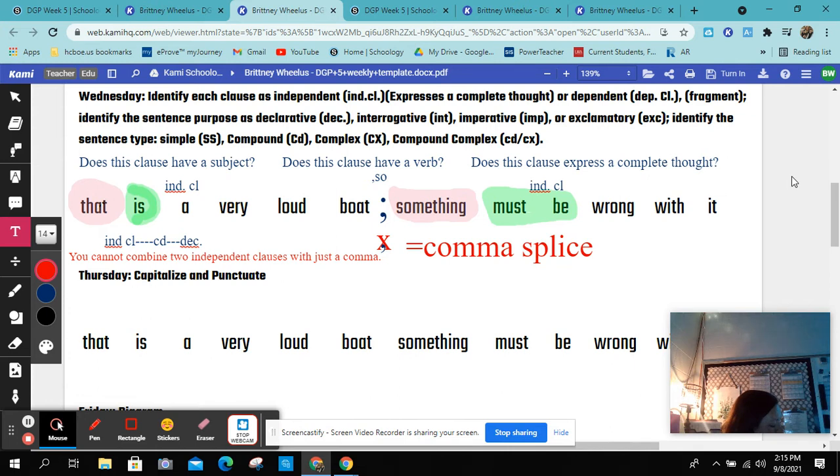On the bottom of the first page, it says complement. Now, that is not like somebody tells you you look cute today. That is C-O-M-P-L-E. There are 4 complements. 2 complements come after linking verbs, and 2 complements come after action verbs.